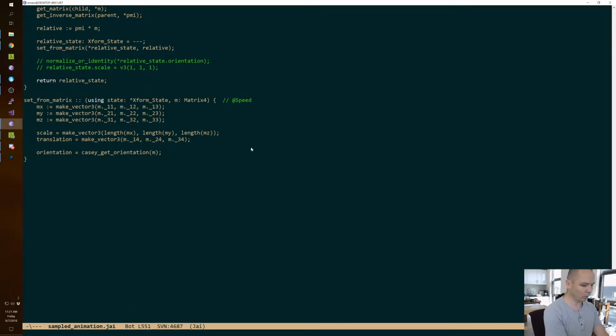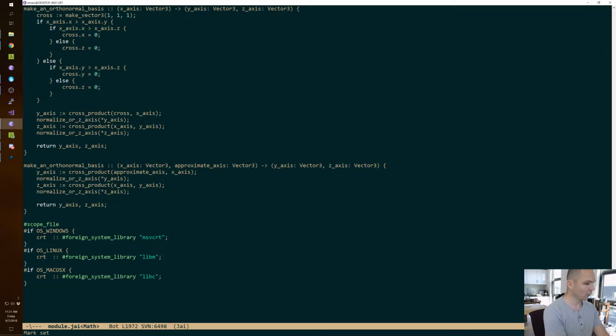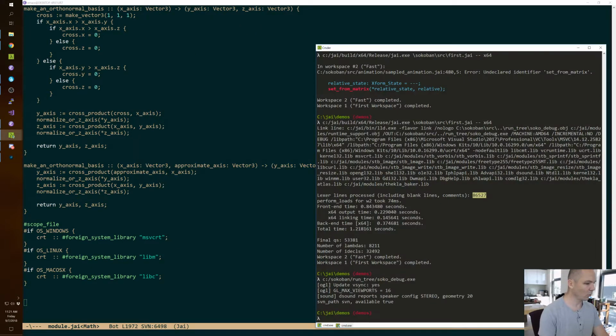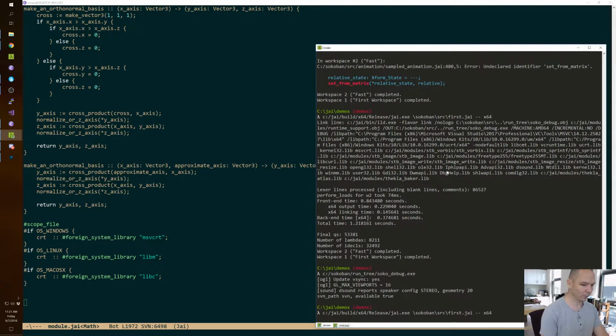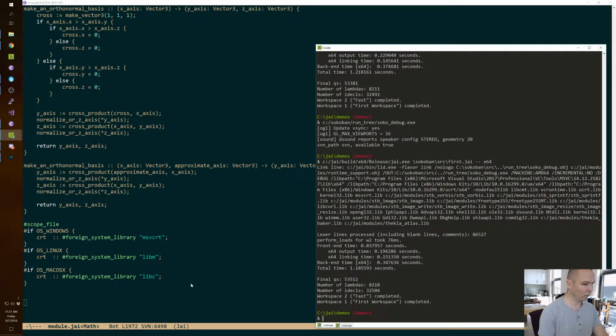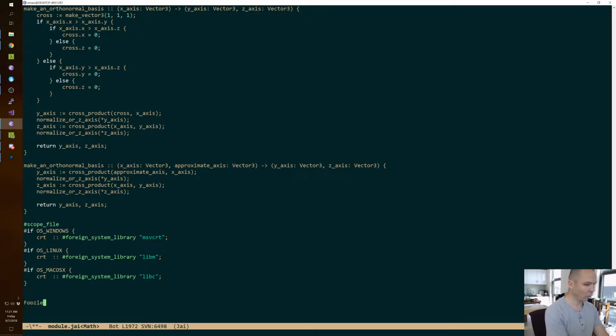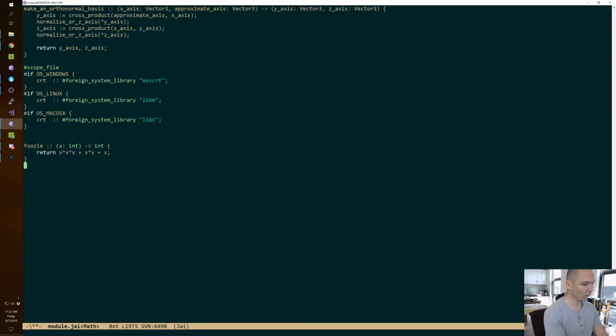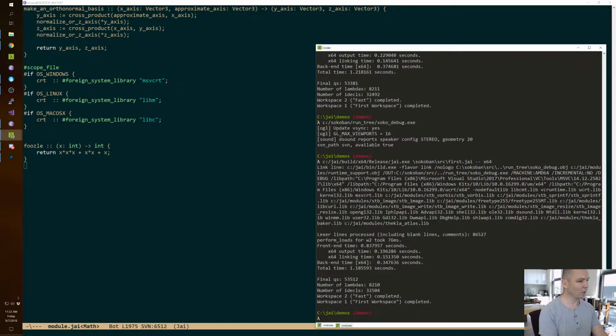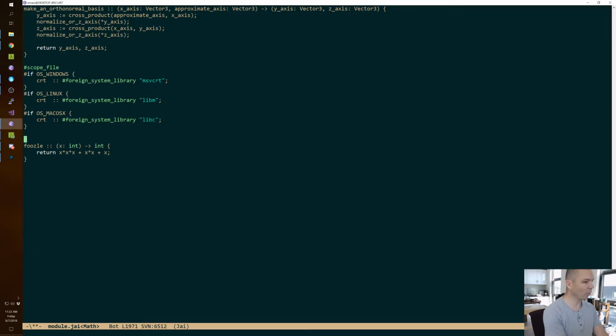Let's do a really simple test. So we're going to compile. 86527, and I'm going to say Foozle takes x as an argument, returns an int, and says return x times x times x plus x times x plus x, right? So that's a 3-line routine. It's got a couple lines of white space.